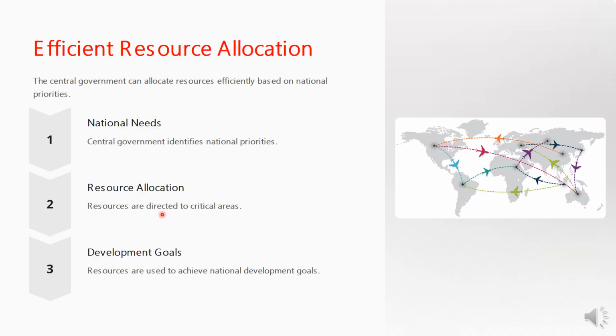So efficient resource allocation is critical for achieving national development goals. For the national needs, the central government identifies national priorities. So resources should be allocated based on national priorities and development goals.